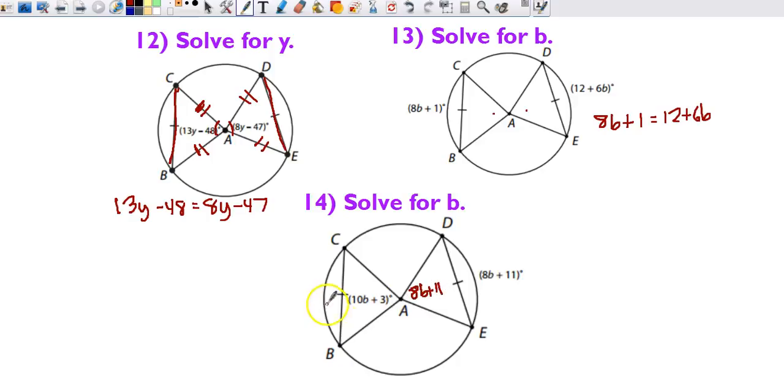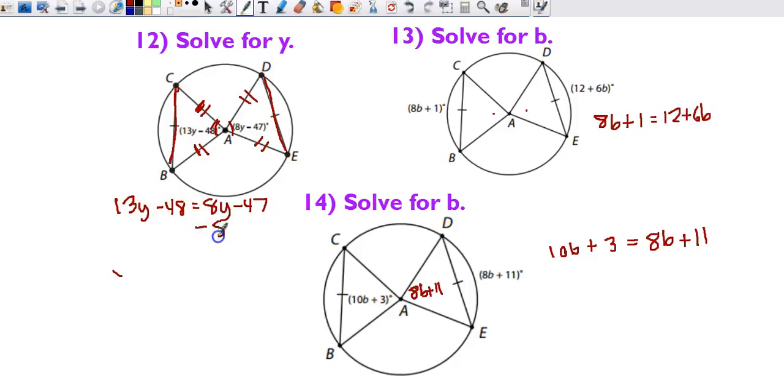Set those equal to each other as well. It's the same process, okay? So when you see these triangles formed from the center, and if they have the same angle in the middle, just set them equal to each other. So I'll work out one of these and give you the other answers.